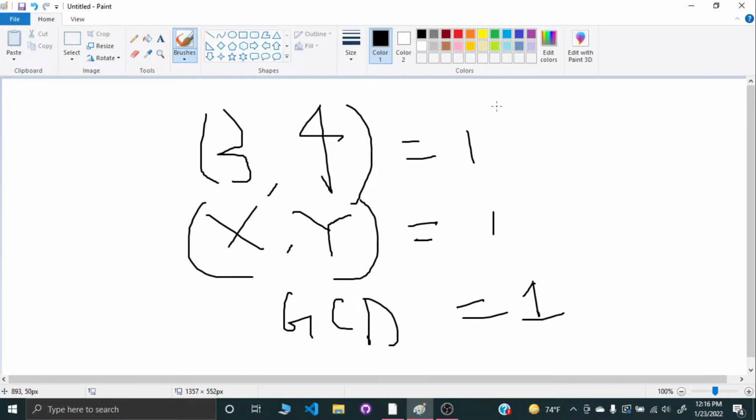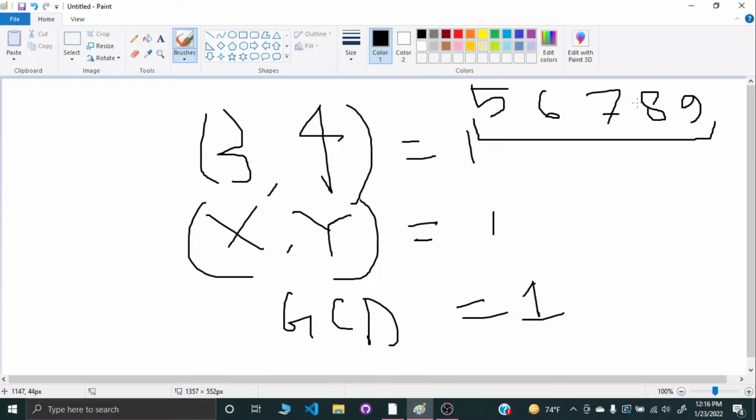So in terms of arrays, let's say I have 5, 6, 7, 8. As you can see, it's an arithmetic progression with a difference of 1 between consecutive numbers. If I take the GCD of all of these numbers, and if you don't know how to take the GCD of a whole array, it would be something like this.